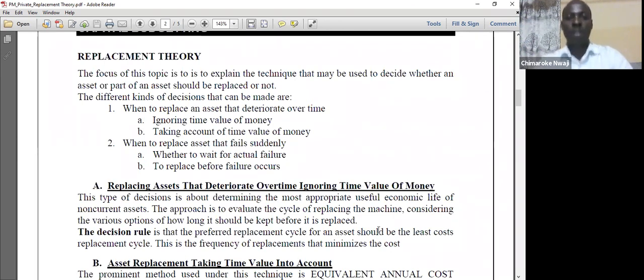Now, we said before that when we are talking about replacing an asset, we usually talk about replacing an asset that deteriorates over time. That means the asset is substantially of high value, it has a number of years in which you can use it, and it deteriorates over time.